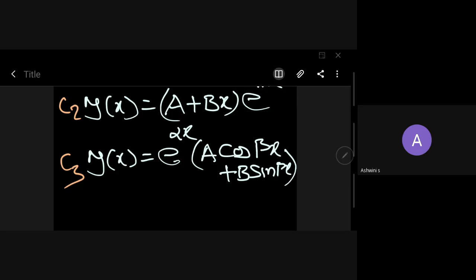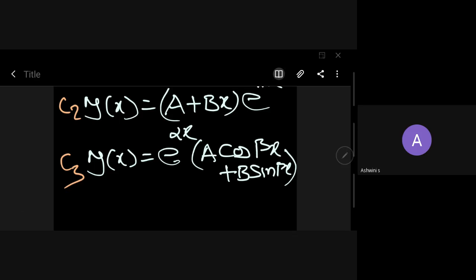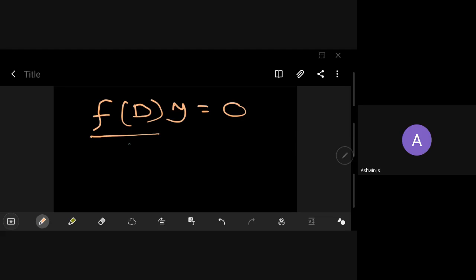What I mean to say here is that we are given an equation like this: f of D acting on y is 0. Then what do we need to find? Solution means what is y? This is the question. Simply you solve f of m is equal to 0.